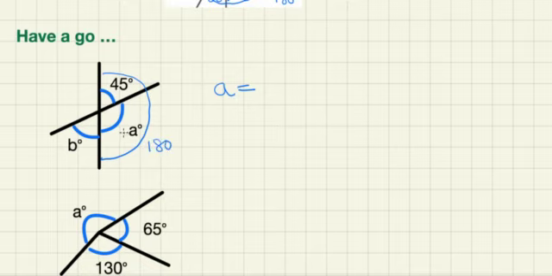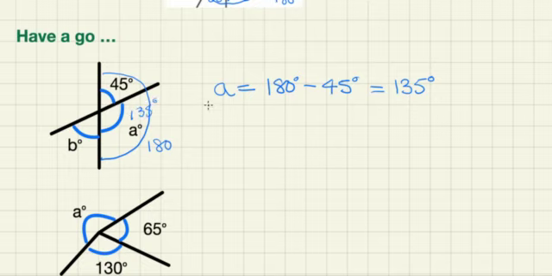A is obviously less than 180, so we have 180 degrees, and if we take away 45 from that, we're left with angle A. So this is 180 take away 45, and once you do the calculation, this turns out as 135 degrees. So A is 135 degrees.